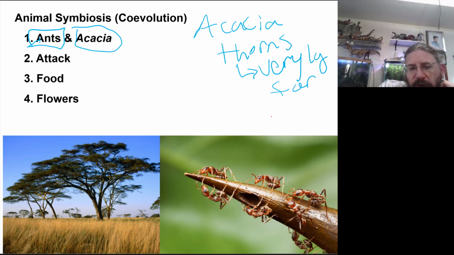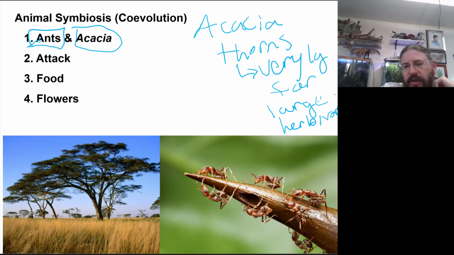Not that it stops many of those large herbivores. Anyway, they're large enough that ant colonies can live in hollowed out acacia thorns.